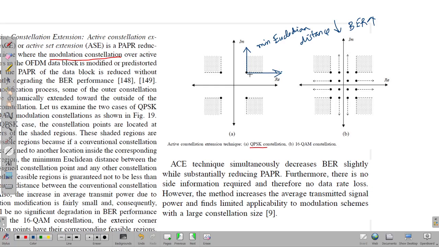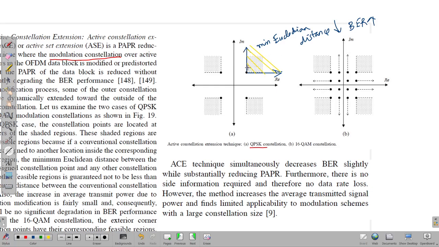If I move in the right direction also, the Euclidean distance between the symbols increases. And I can effectively move along this shaded region between these two arrows.